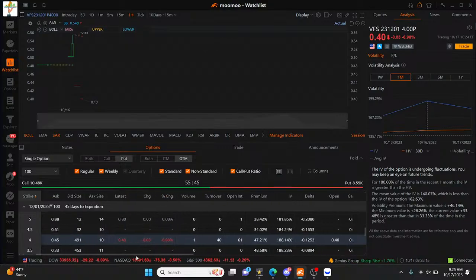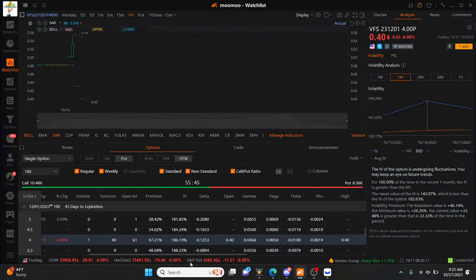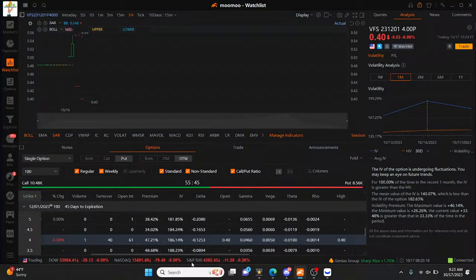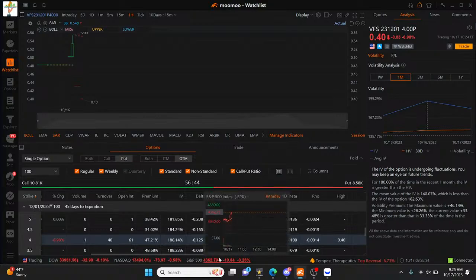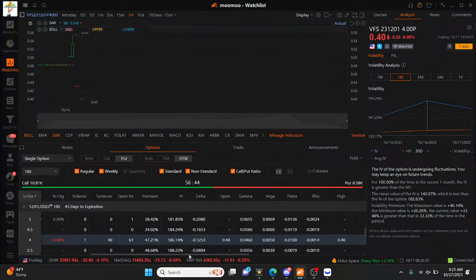So if VinFast moves down $1, look at that delta. It's going to move 12 cents in the contract, which equates to 12.40, a little bit under 25%, around 22.5%.